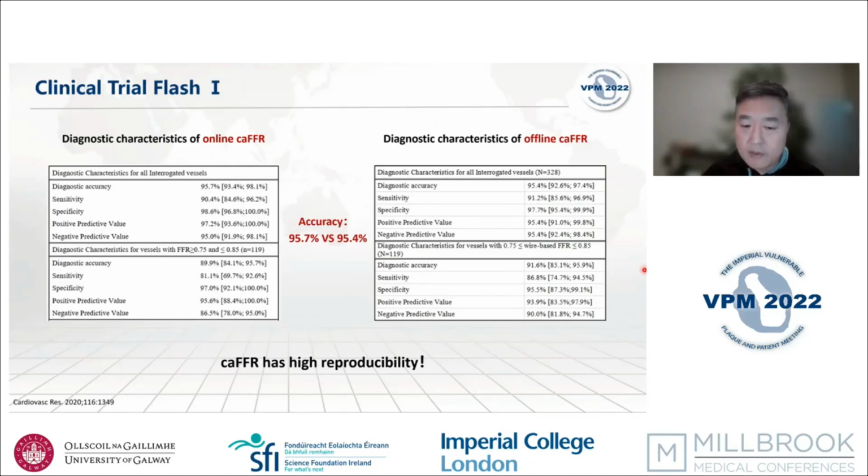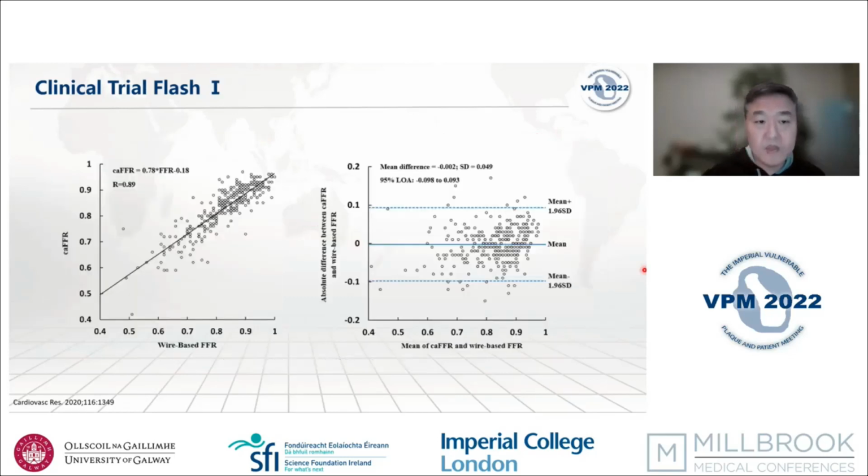So our caFFR has a high reproducibility. Also, the left figure shows the correlation between the caFFR and the wire-based FFR. From this figure, you can find there is a good correlation between caFFR and the wire-based FFR.